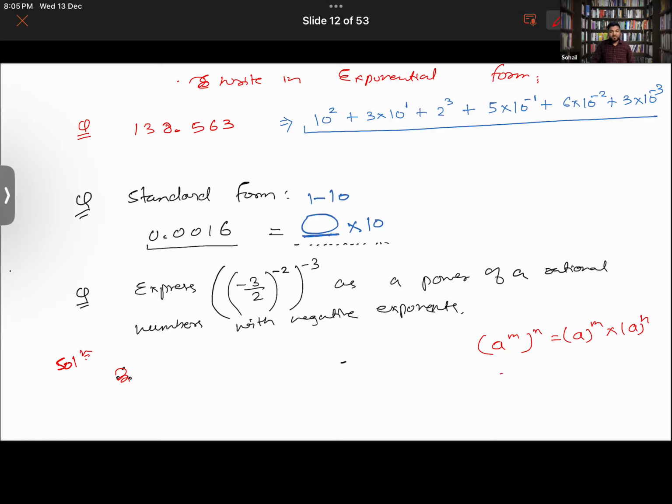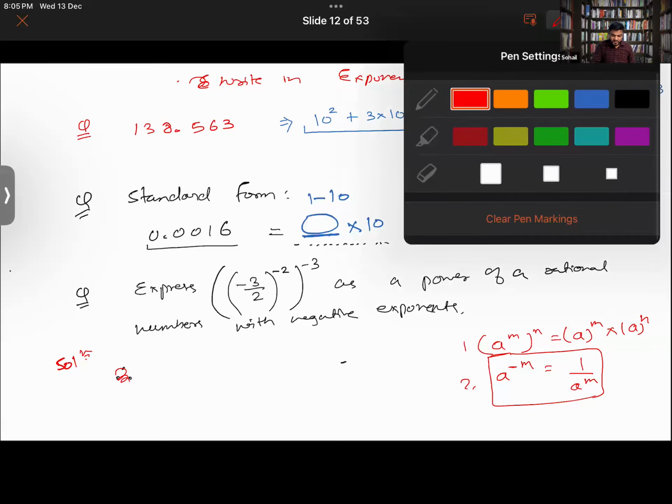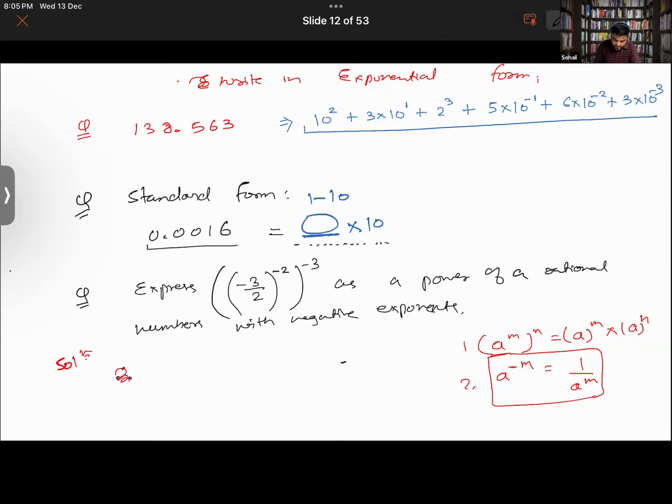Second law that will be used here, a raised to the exponent minus m becomes 1 upon a raised to the power m. ठीक है? Yes, sir. तो ये दो laws यहाँ पर use होंगे, first and second. So let's solve it. So you will be simply multiplying these two. हम multiply करेंगे यहाँ पर, 6. Or you can write it separately, but simply multiply करते हैं.